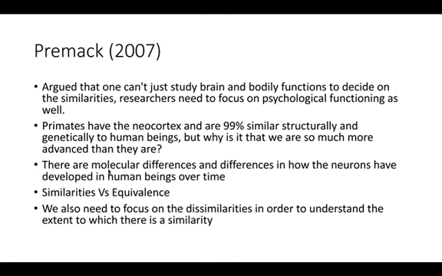So there's also the idea that there are molecular differences, and these differences have to do with neurons. Okay, we know that there's neuroplasticity. So a human being is capable of changing their brain structure and behavior over the lifespan. So how is it that we have used a model like the triune model, which looks at evolution and similarities?